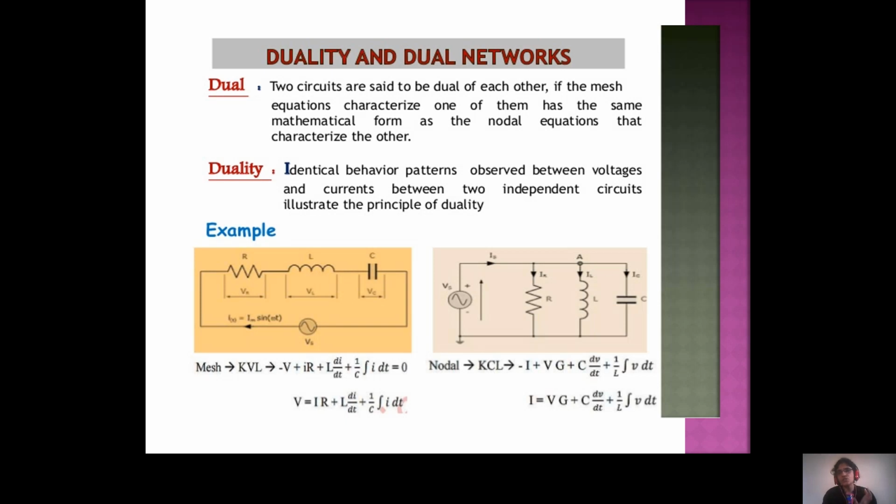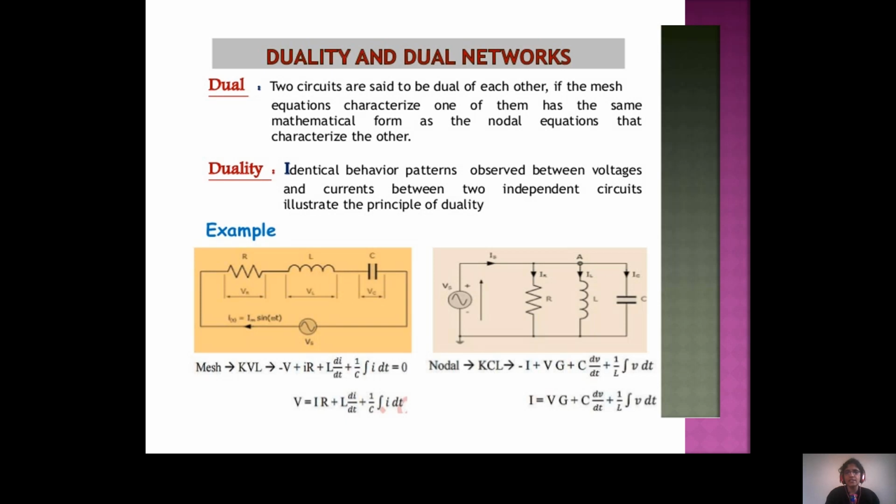So when two circuits are considered dual, the mesh equations, that is, the loop equations of the given network, have the same mathematical form as the nodal equations of the other network. This duality shows identical behavior patterns observed between voltages and currents in two independent circuits.